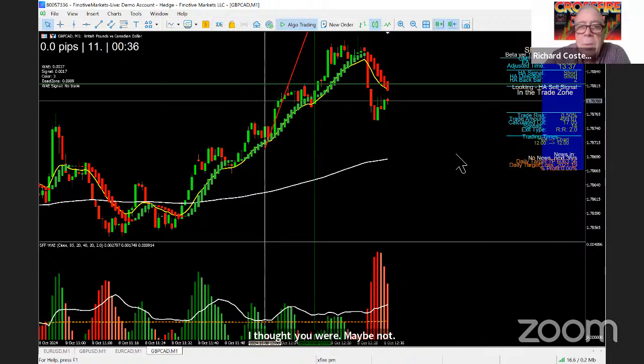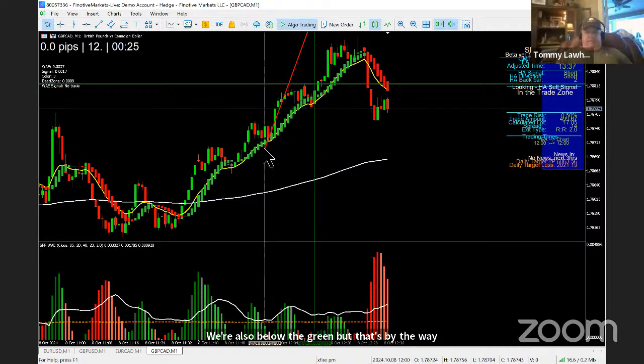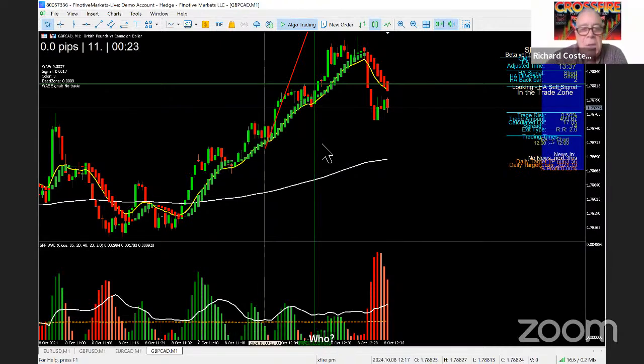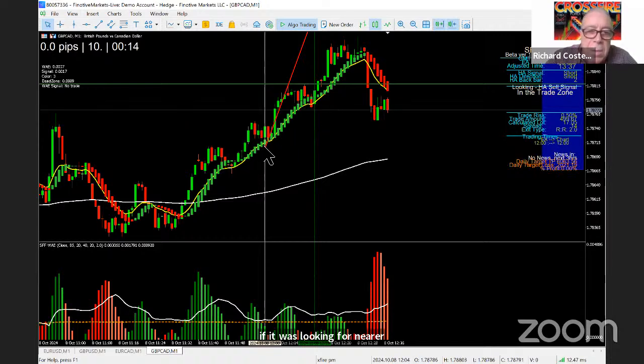GBP CAD, we're talking about a sell signal. That's because we're below the red. We're also below the green, but that's by the way. So yeah, that's not strictly accurate. We're going to need to get this sorted out. If it was looking for nearer, the line would be less steep.